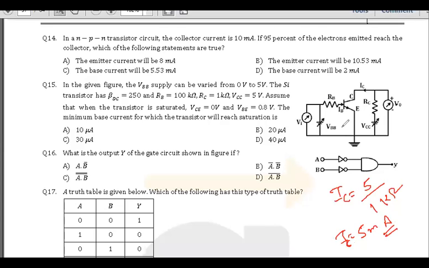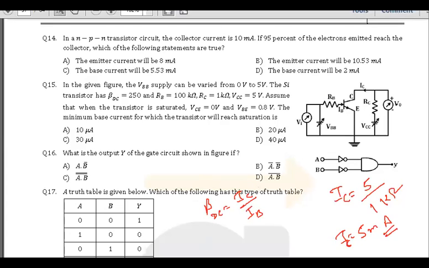Now what we have to do? Tell me, guys. Simple formula putting, getting. Why we have to find IC? Beta DC is given, right? Beta DC is nothing but IC by IB.